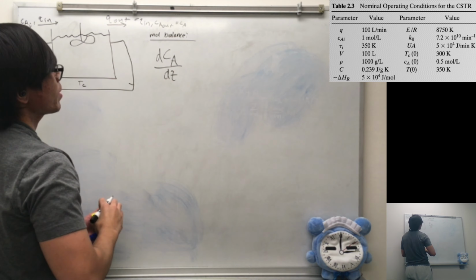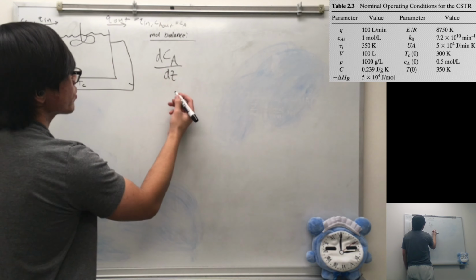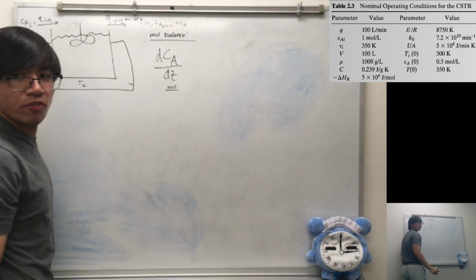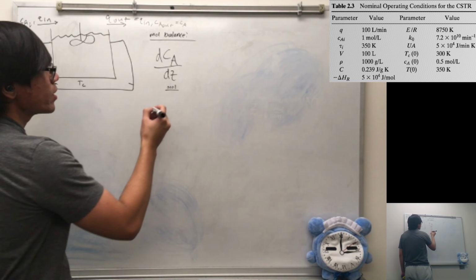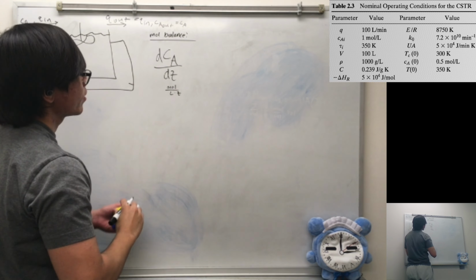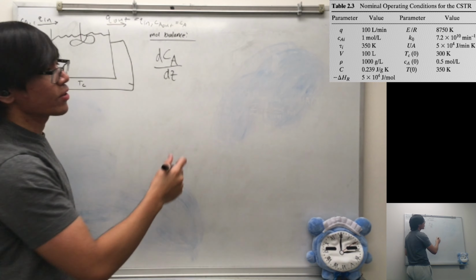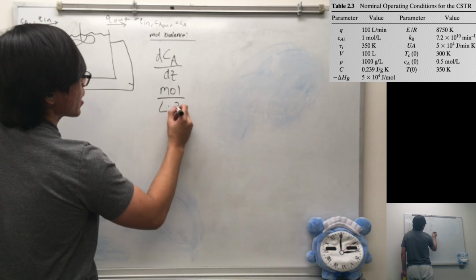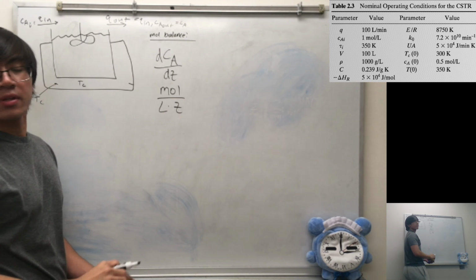But remember our units for concentration are moles per volume. In this case, I believe our volume is liters. So moles per liter per time, and I believe our time is in minutes.